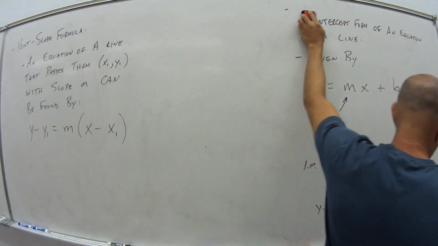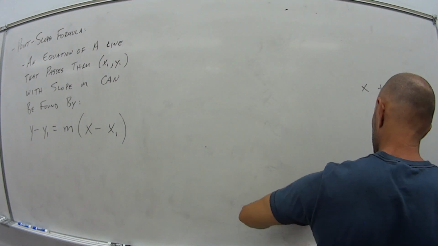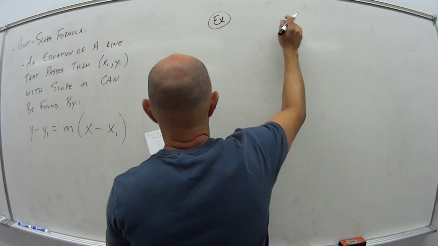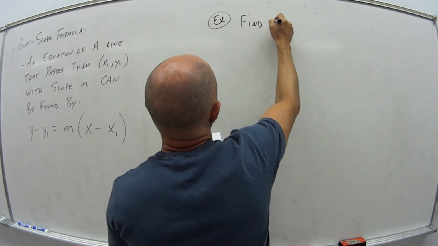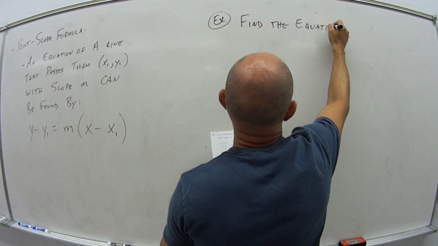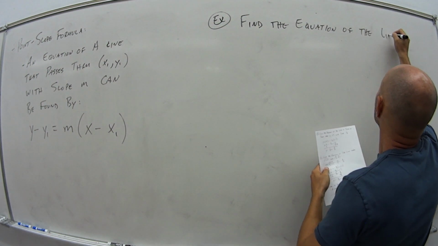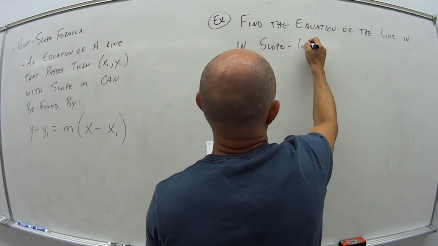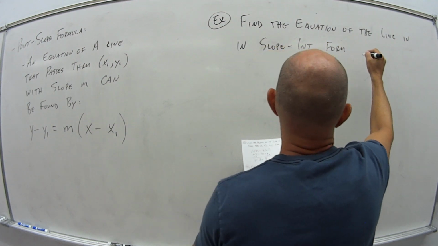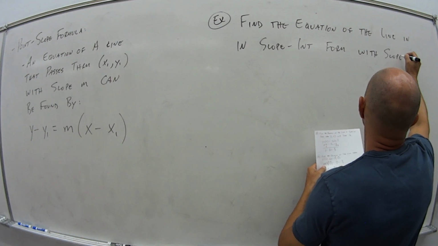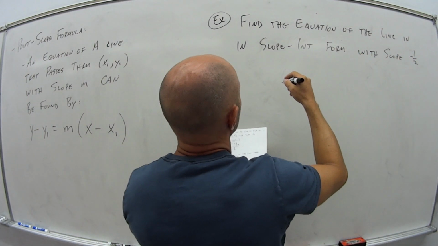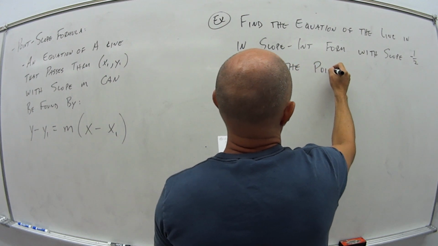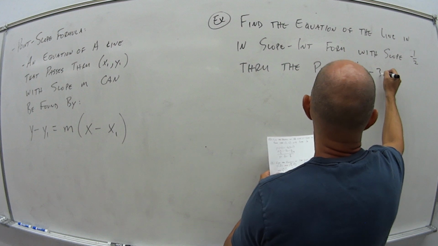So let's look at a couple examples here. Find the equation of the line in slope-intercept form with slope -1/2 that goes through the point 1, -3.